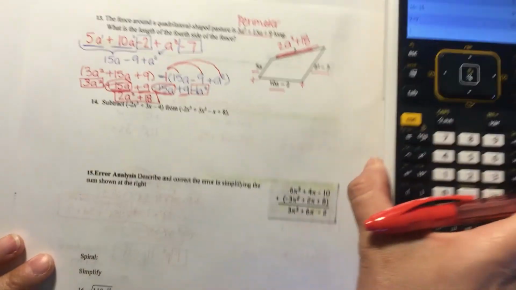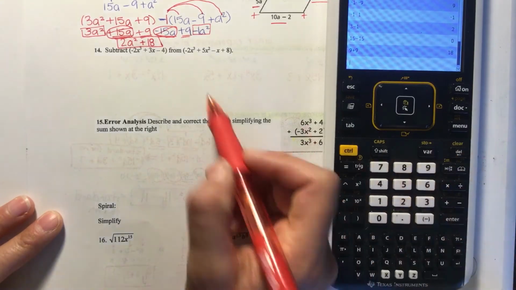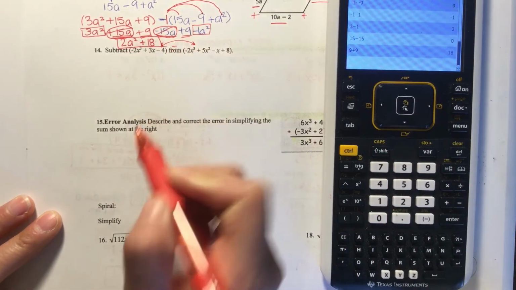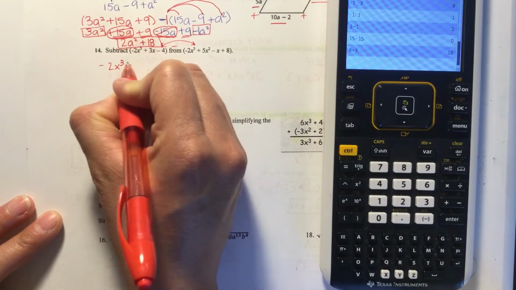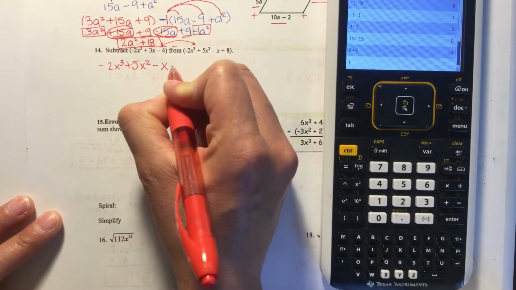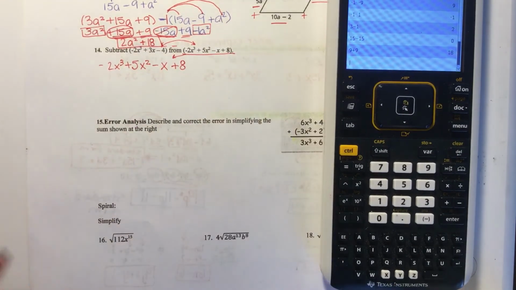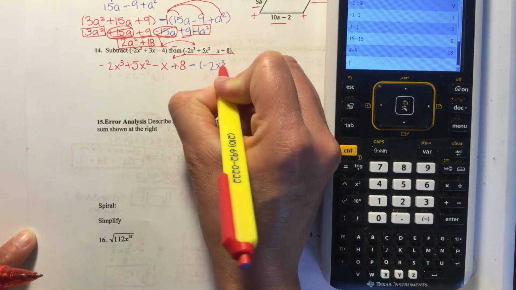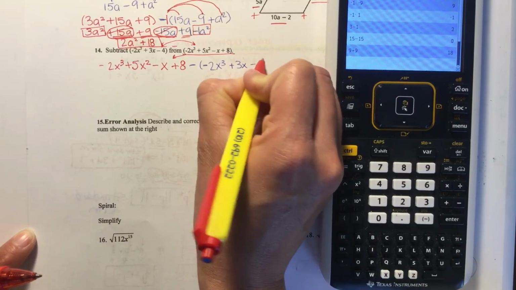Number 14. You're going to subtract negative 2x cubed plus 3x minus 4 from negative 2x cubed plus 5x squared minus x plus 8. Subtract from is a flip phrase, so you need to change the order. So this is going to go first, and then you're going to subtract negative 2x cubed plus 3x minus 4.